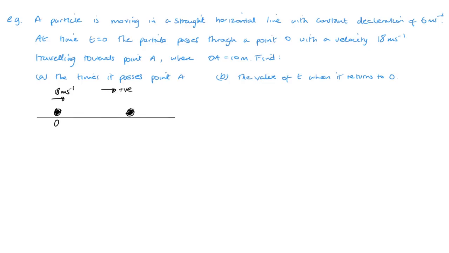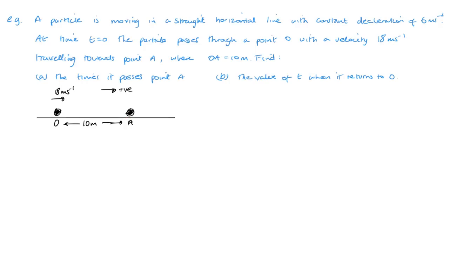It's going to pass point A. I'm not sure when yet. So 10 meters between point O and point A. What else is there? So this is t equals 0 at this point, but that's all we know.